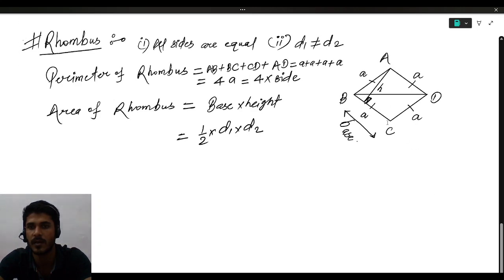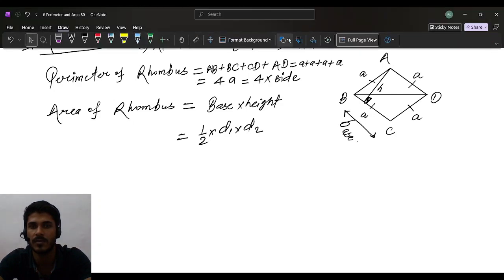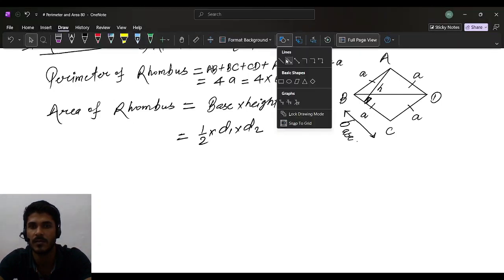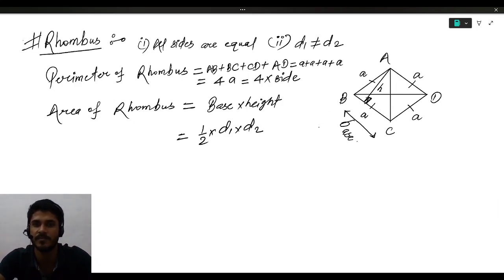Wait a minute, let me draw it once again. I'm going to make another diagonal from the remaining two vertices. So here you are seeing that this is diagonal 1 and this is diagonal 2, and they are bisecting each other at 90 degrees.